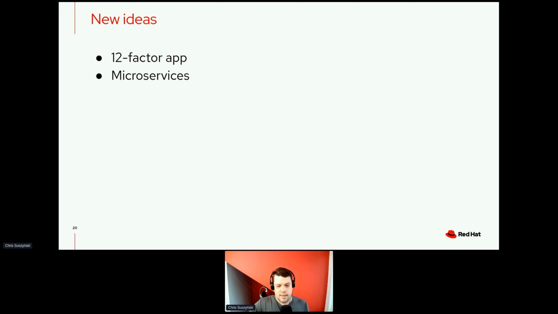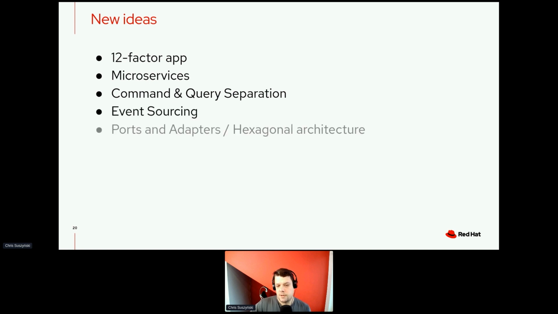We could have microservices. We could separate commands from queries. We could do event sourcing. We could write applications with clean architecture, ports and adapters, or hexagonal, that's another name. We could start leveraging the eventual consistency pattern, right?